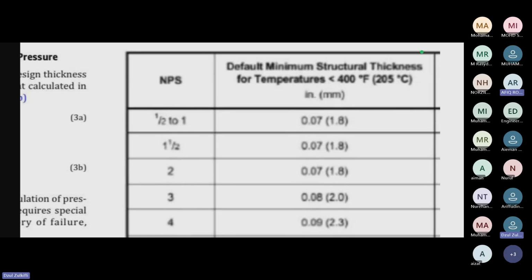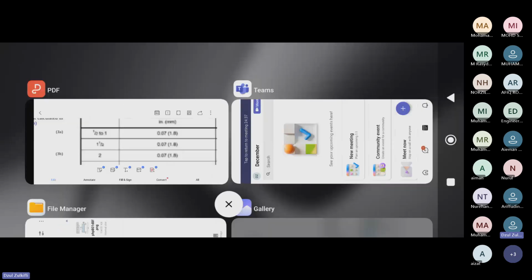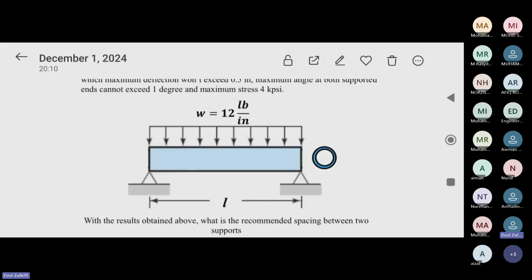There is a more, I wouldn't say advanced, but a more engineering way to calculate the actual thickness you need to sustain those weights. Okay, so this takes us back to university days. One moment, this is an example.